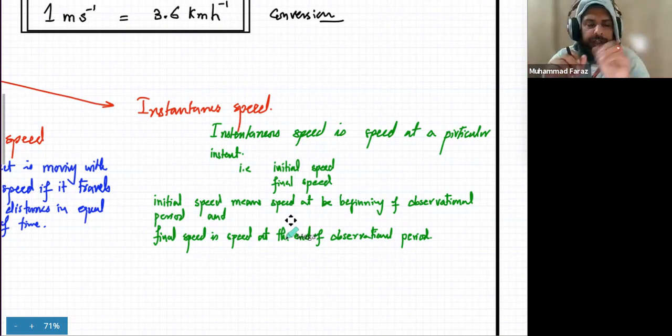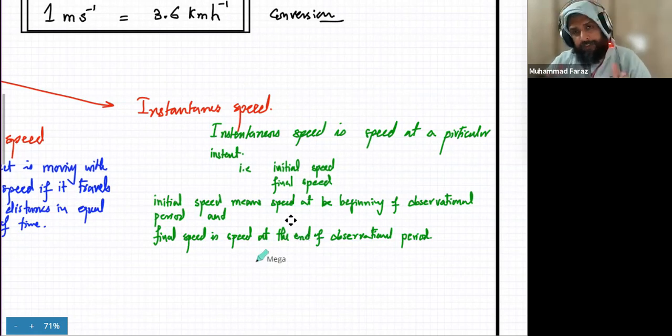The speed at instant one will be the initial speed, and the speed at instant two can be the final speed. But this final speed, if the object stops, is zero. And the initial speed, if the object starts moving, is zero as well. So initial speed and final speed may or may not be zero. You cannot consider them the speeds at the start and end of the journey. They are speeds at the start and end of the observational period.